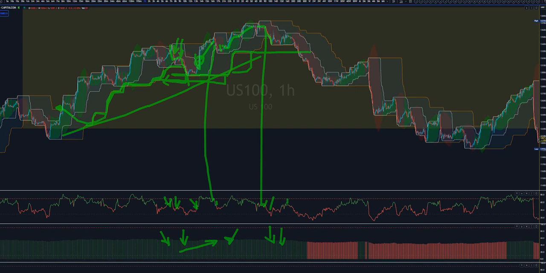At this level, we have green, and our stop would be here. Then again, here it's red, it's green.